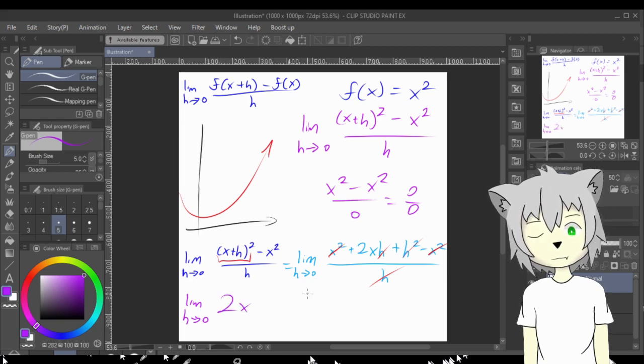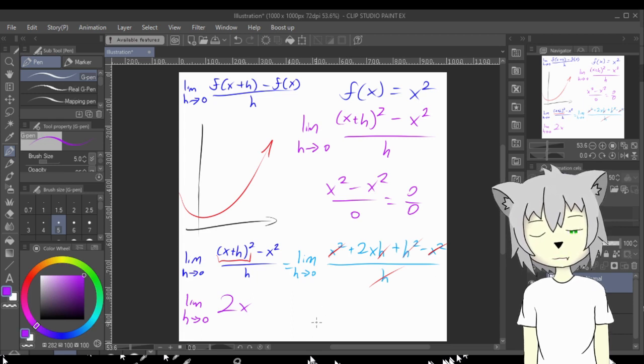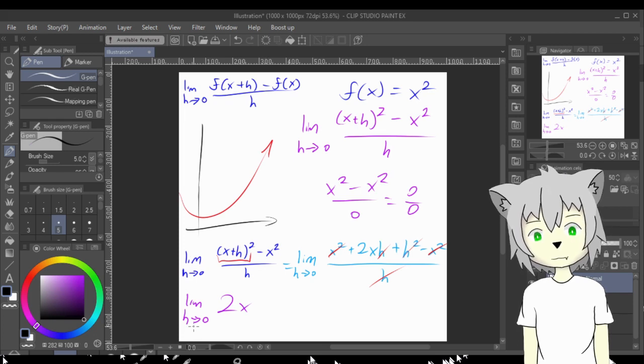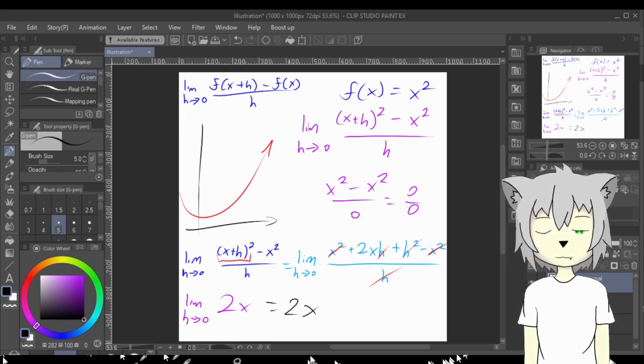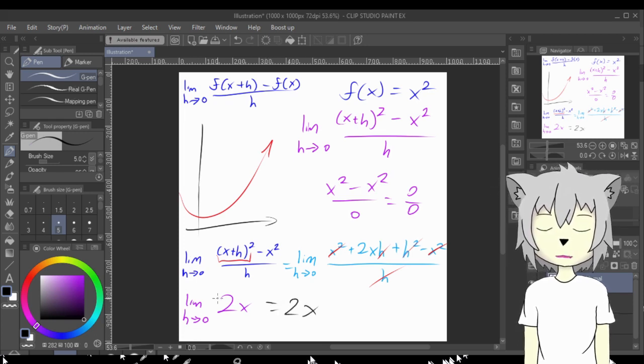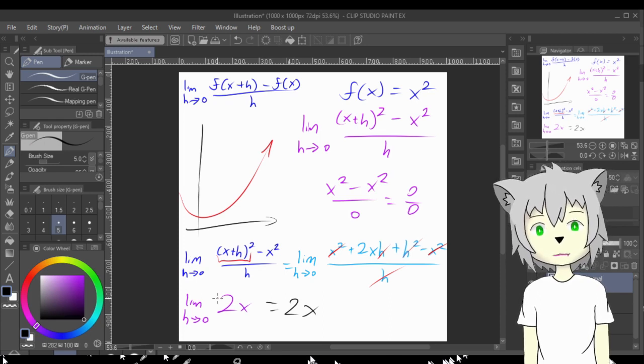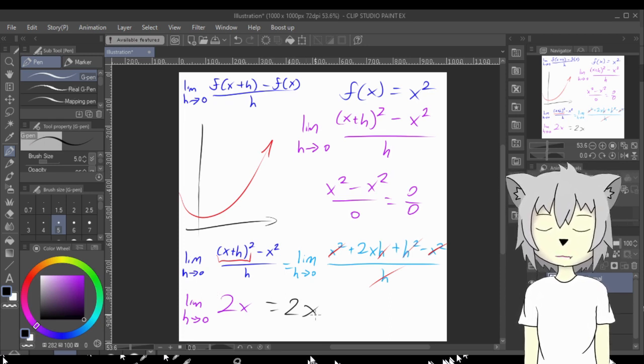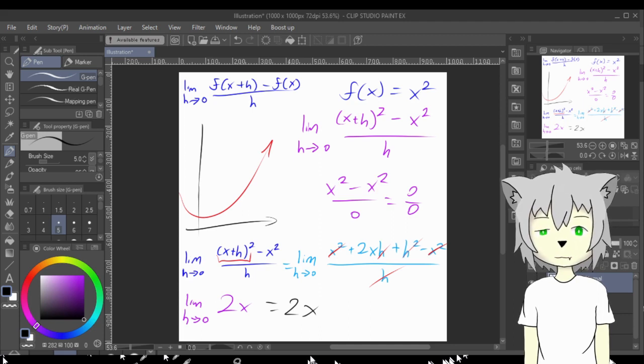Just 2x. All the h's are gone. There's no h in the problem at all, so it just ends up as 2x. And that's the slope of x squared, the derivative of x squared.